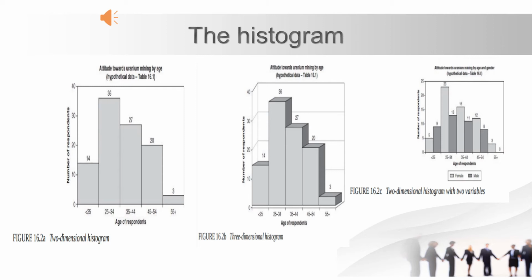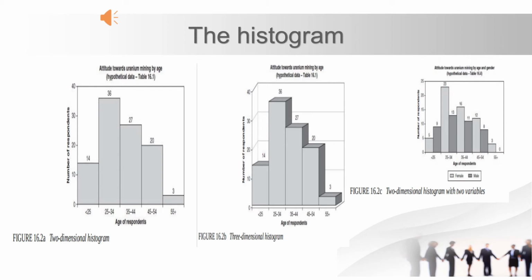A histogram, as we can see, consists of rectangles that are drawn next to each other on the graph. The rectangles have no space in between them. It can be drawn for a single variable as well as for two or more variables.